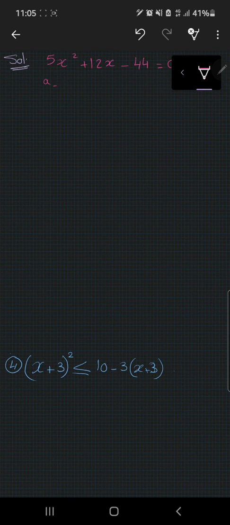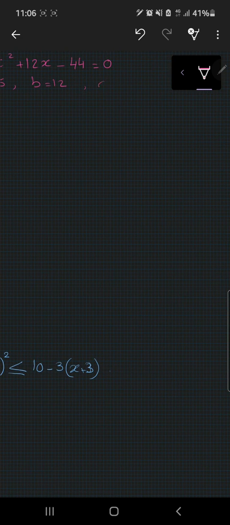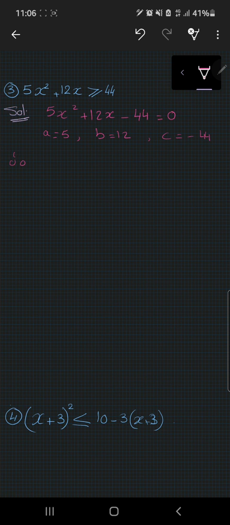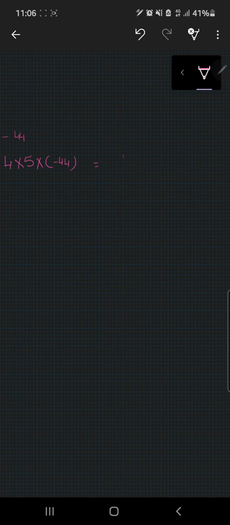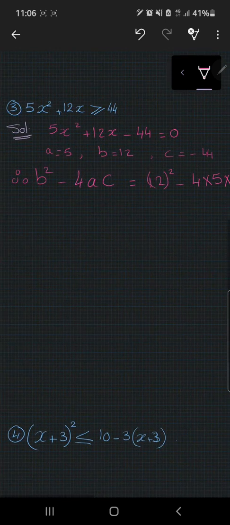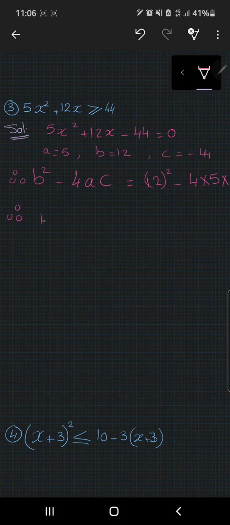So determine a equals 5, b equals 12, and c equals negative 44, by substitution in b power 2 minus 4ac equals 12 power 2 minus 4 times a times c. It will be 905, a positive quantity greater than 0. So the equation has two different real roots.